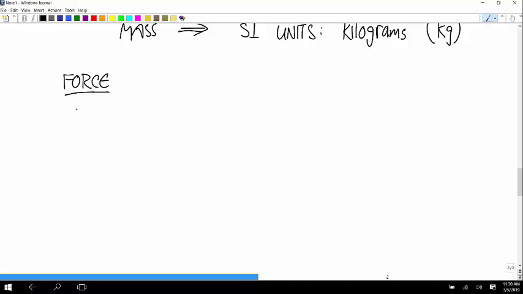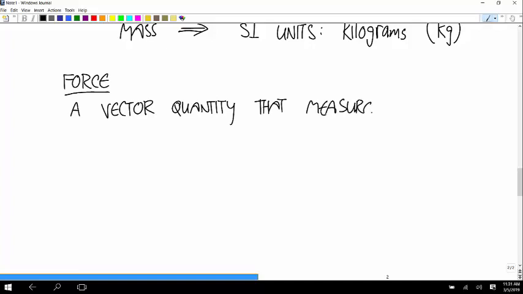Force is a vector. So it's a vector quantity. It measures the intensity of push or pull on an object.